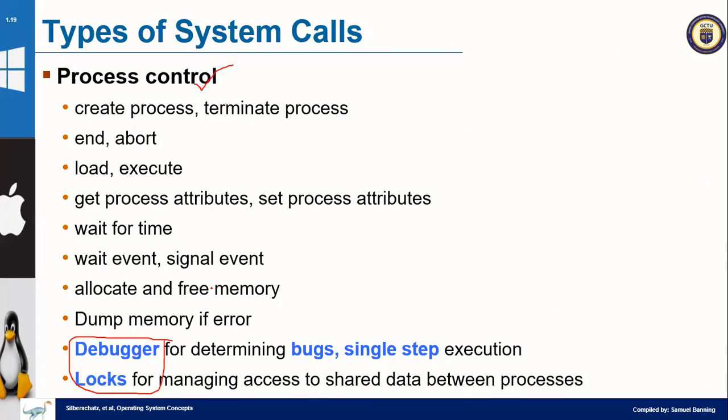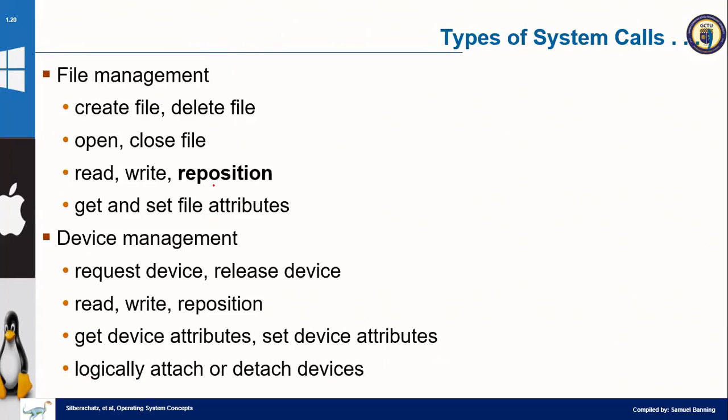Then when it comes to file manipulation, we have system calls to create a file, delete a file, open a file, close a file, read a file, write to a file, and reposition.